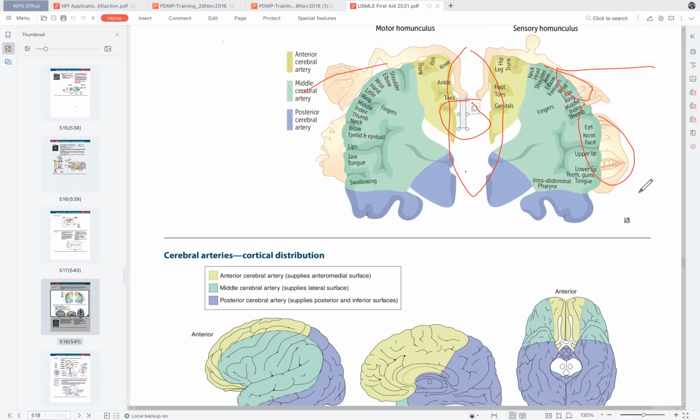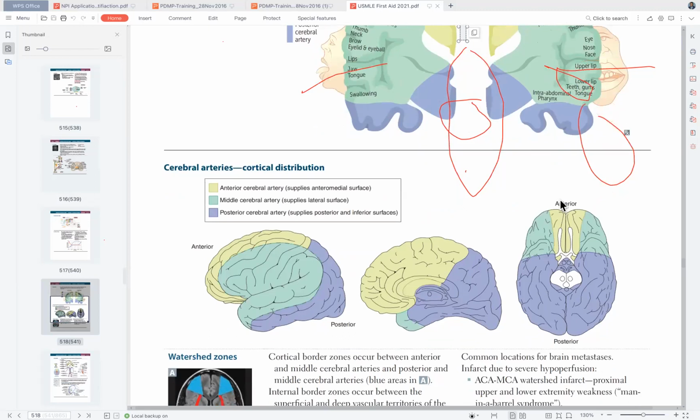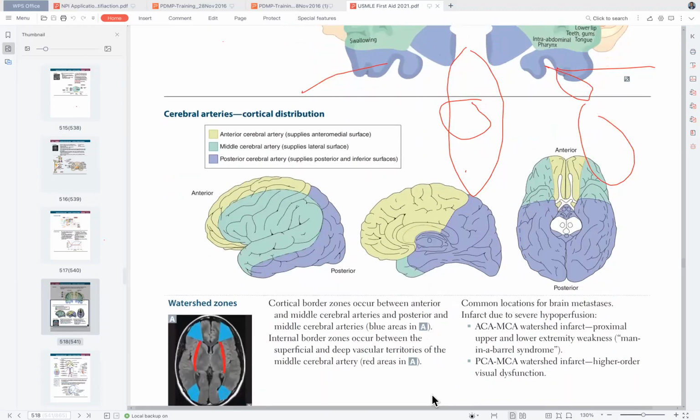That is very, very important. If we have this homunculus down, we should be able to predict most of the stroke syndromes, like what a symptom will be and what it will affect.